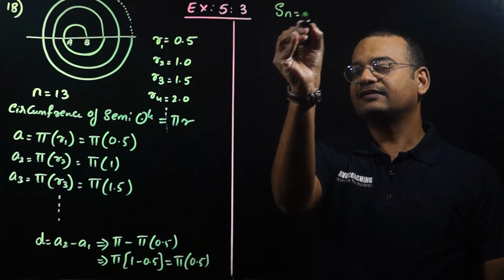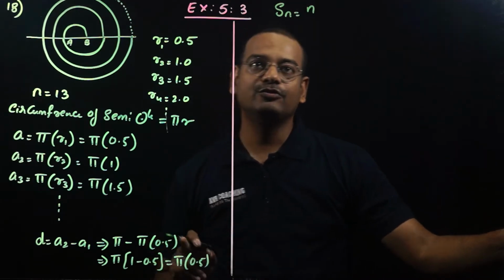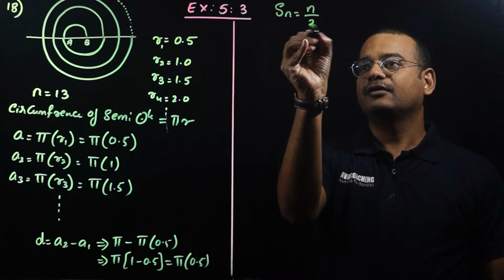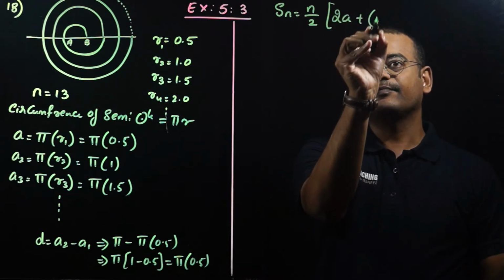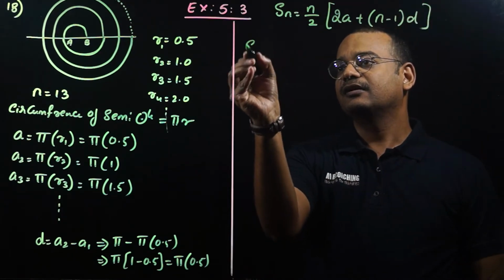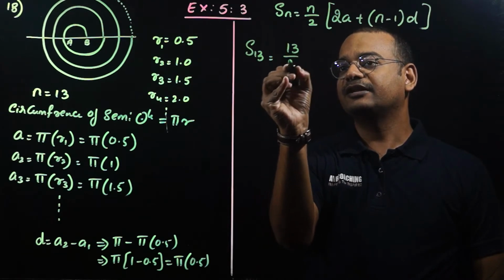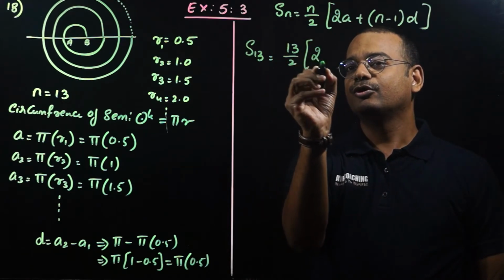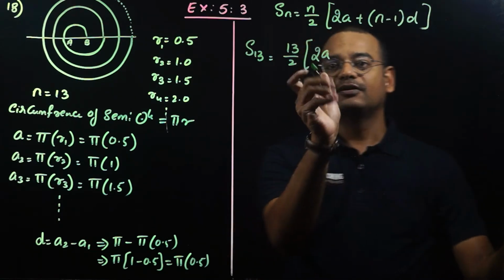Sn can be written as, here we don't have the last value, the L value is not there, so we'll use Sn equals n by 2 into 2A plus n minus 1 into D. Here we are finding S13, so this will be 13 by 2 into 2A. I will not substitute the A and D values yet.